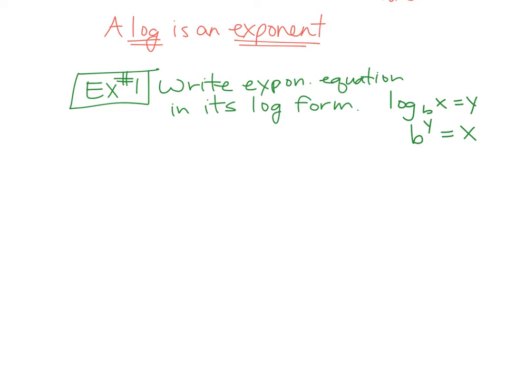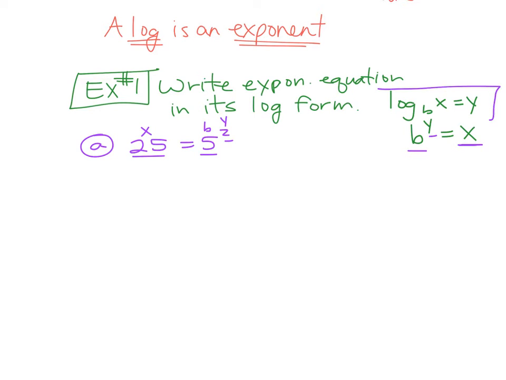So let's say this is our first problem. We would say 25 equals 5 to the second power, right? 25 is 5 squared. If we wanted to write that exponential equation in log form, think about what that's saying. 25 is my x here, and then it's b to the y power, 5 to the second power. So 25 is my x, 5 is my b, 2 is my y.